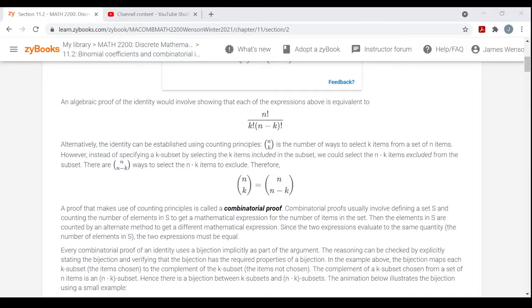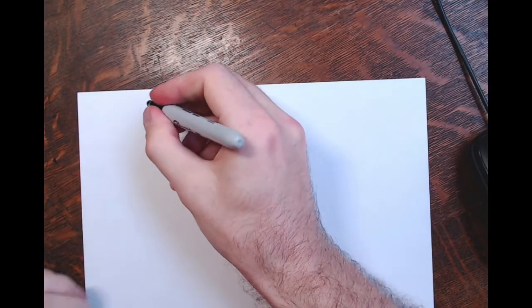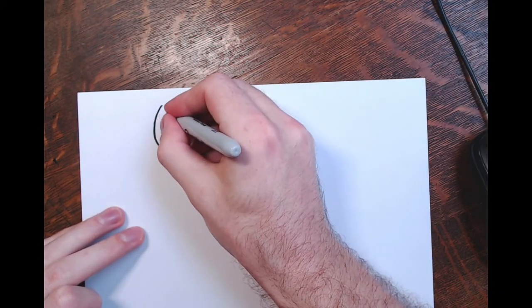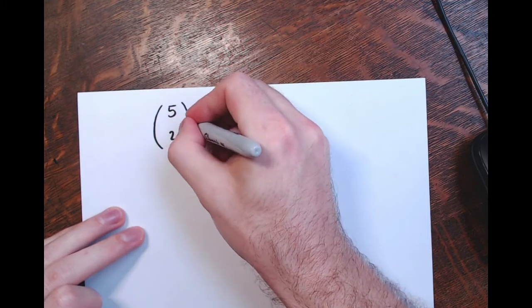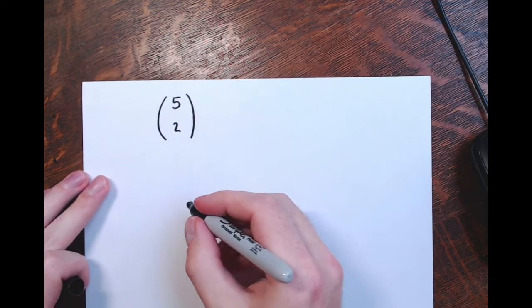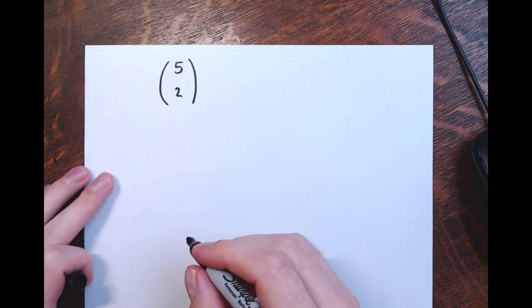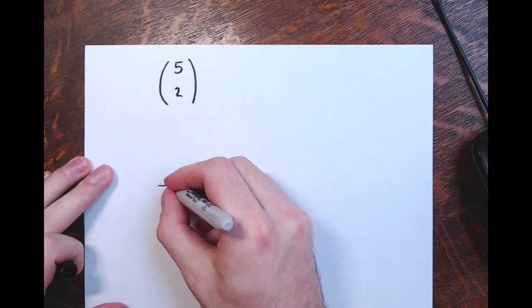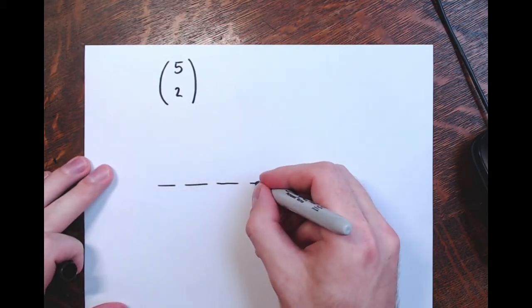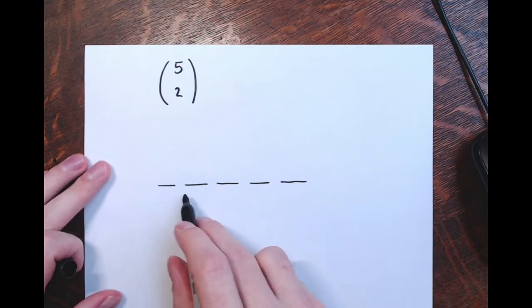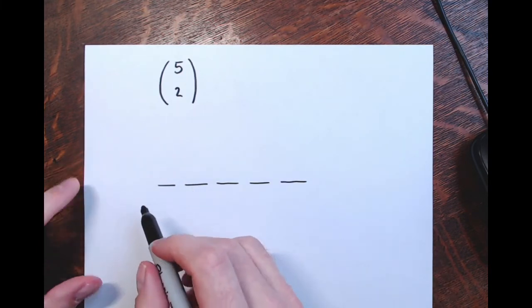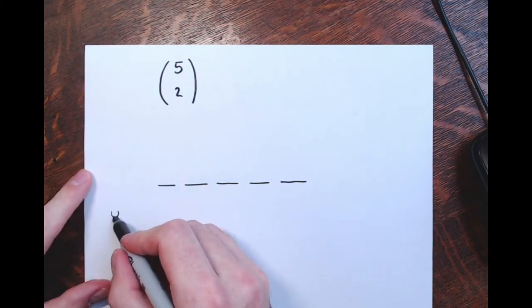And again, you've seen an example of this. I'll do it with specific numbers here. 5 choose 2. This is like having 5 slots, and I choose where, and maybe I have 2 categories here, yeses and nos.